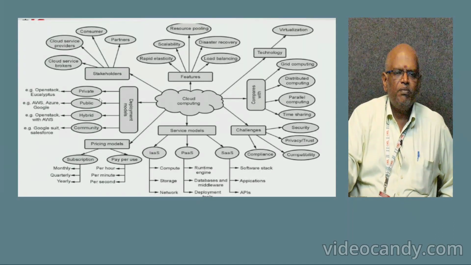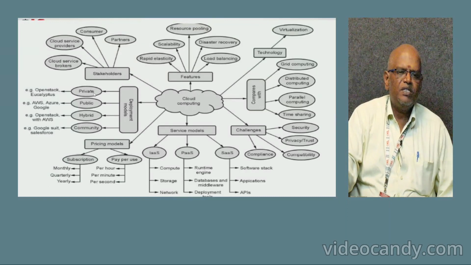In the deployment models, the private cloud is an on-premises network environment through which we can perform cloud computing operations. That is nothing but OpenStack. OpenStack and Eucalyptus are examples of private cloud. When we look at the public cloud model, it is off premises of an organization.